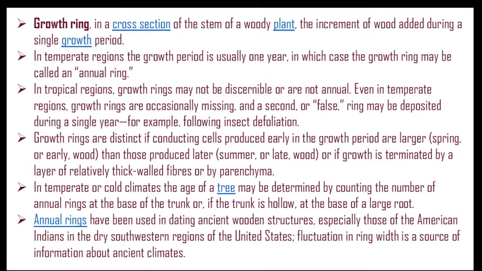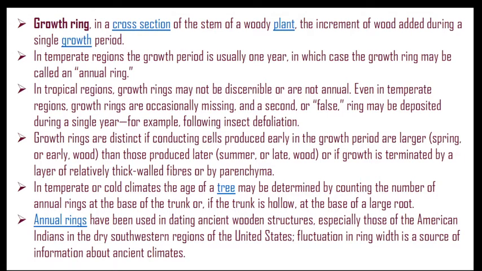Sometimes in temperate or cold climates, the age of a tree may be determined by counting the number of annual rings at the base of the trunk, or if the trunk is hollow, at the base of the root. Annual rings have been used in dating ancient wooden structures, especially those of the American Indian in the dry southern regions of the United States.